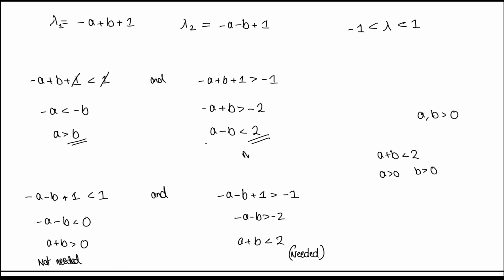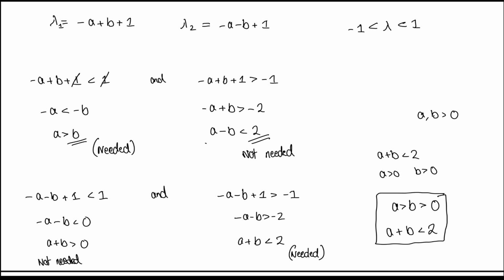So this condition is not needed, and therefore this one will be needed. So the conditions on A and B is that A has to be greater than B, which has to be greater than 0, and then A plus B has to be less than 2. So these are the two necessary conditions for A and B.